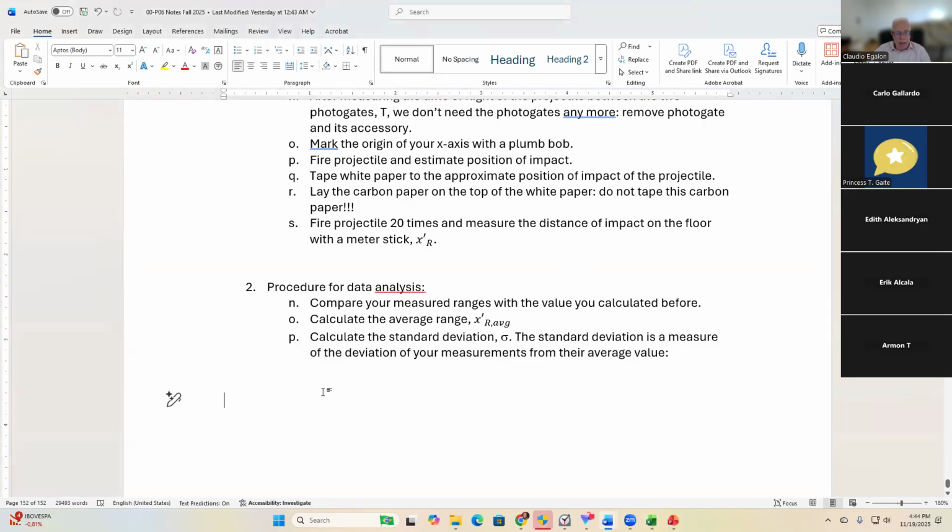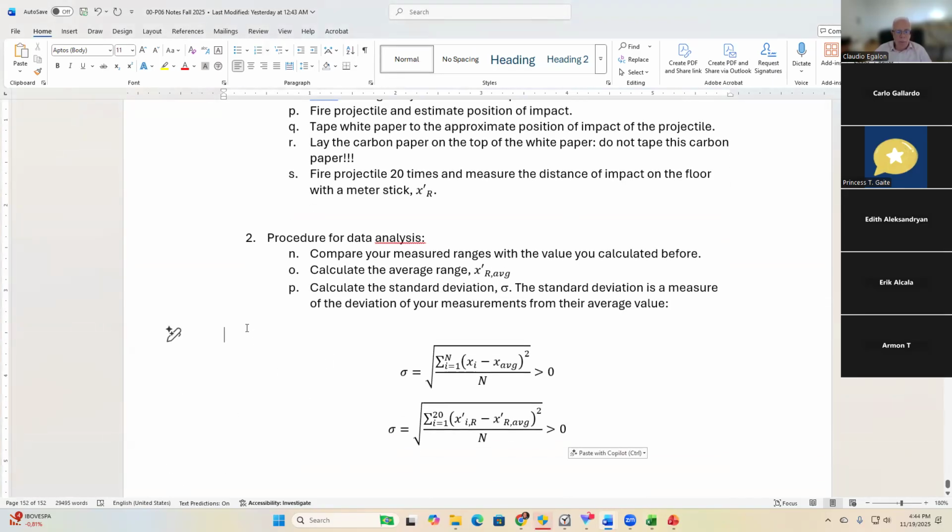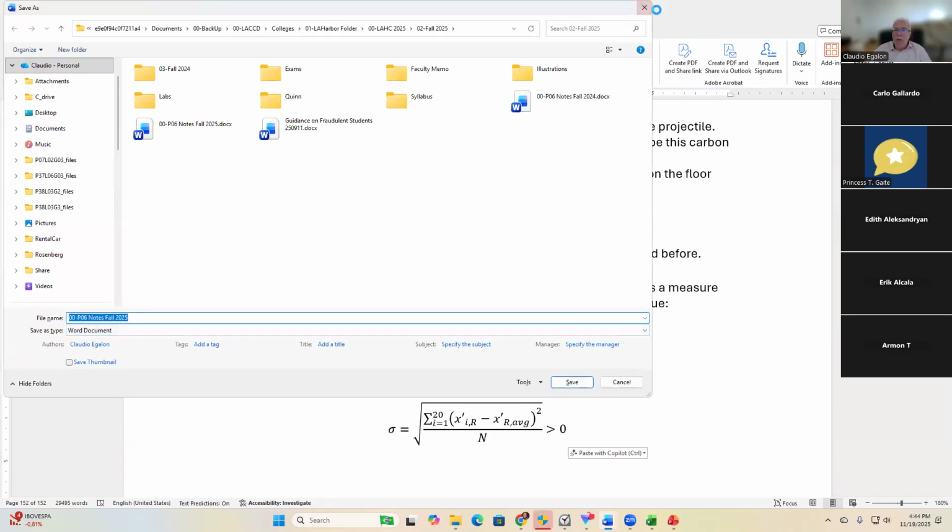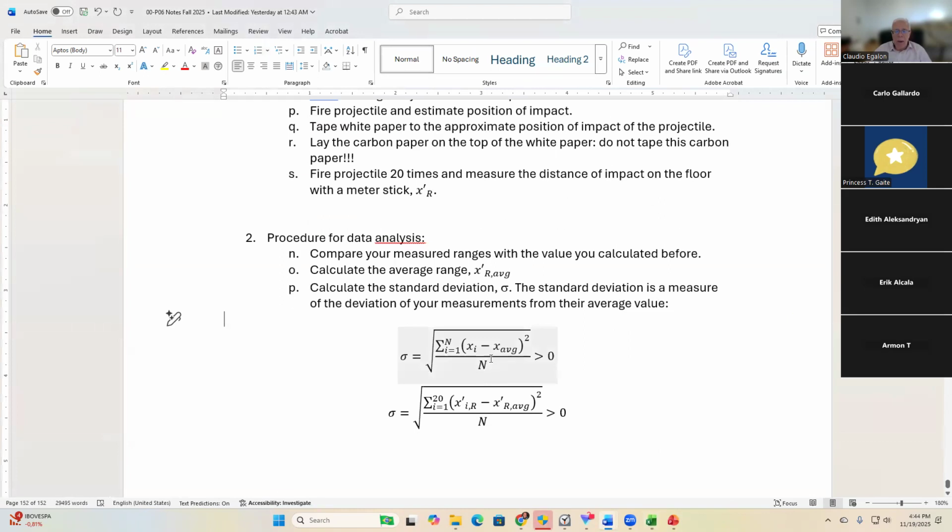It's given by, and it's very important that you memorize that, the value xi minus the average, raised to the square, the summation of those squares divided by n, square root. In our case, it's 20 measurements, so n is equal to 20, i from 1 to 20.